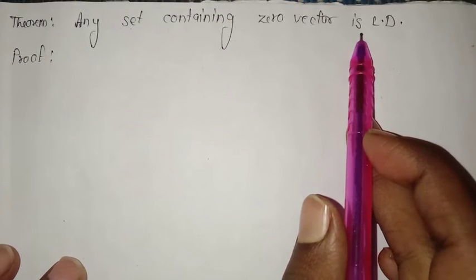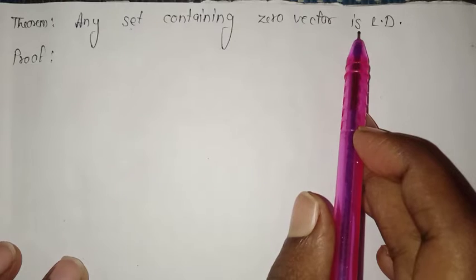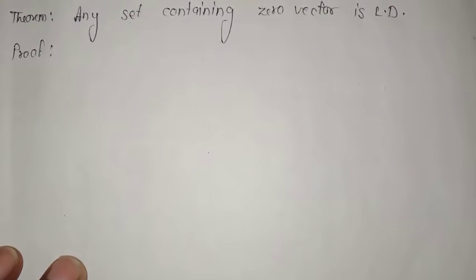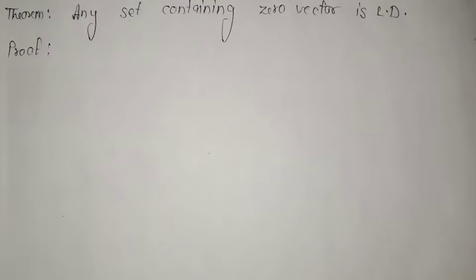That is, suppose you are given a set in which the zero vector is present, then you have no need to check the determinant or apply the first method that I told you. You just say directly that the set of vectors is LD because the zero vector is there. We will see the proof of this theorem here, and we will do some examples also.